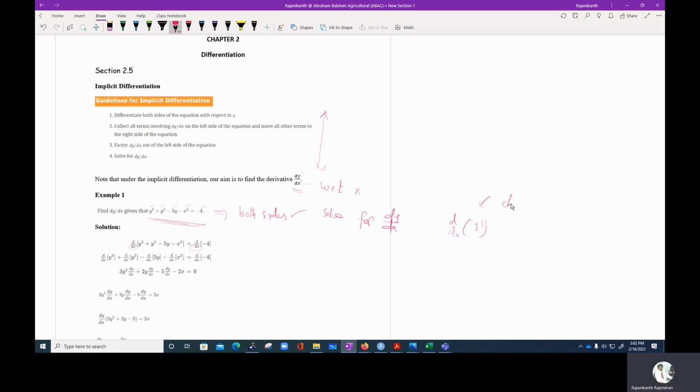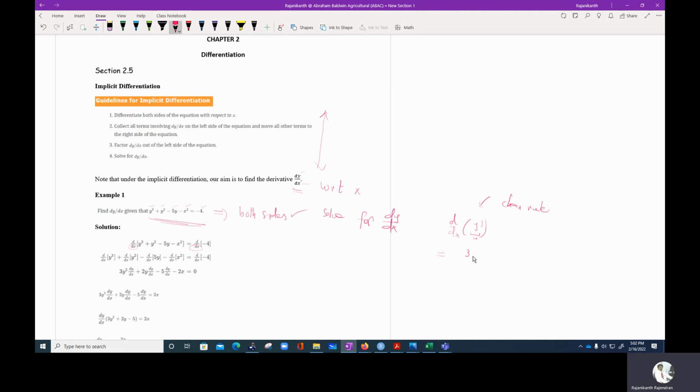You could use the chain rule you learned last time. Basically you could use a substitution: call this u, so you have simply u cubed. The derivative of u cubed with respect to u is 3u squared.